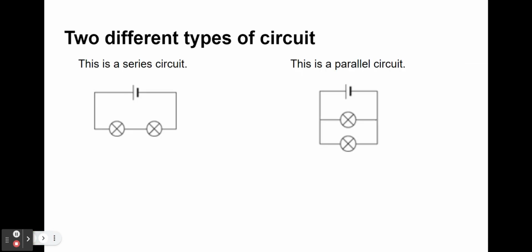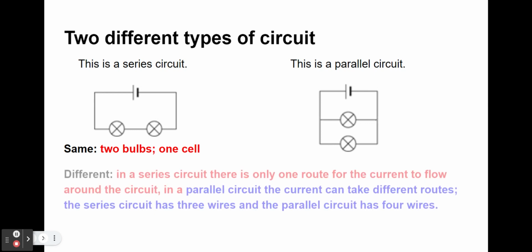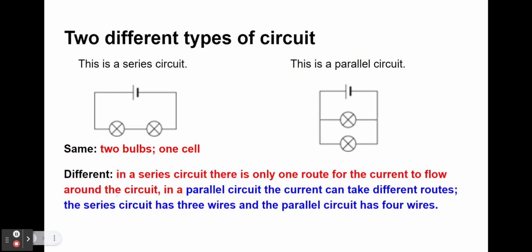So the two types of circuits that we're interested in, series circuits and parallel circuits. I think it would be useful if you were to draw those two circuits and write the names of them in your books or on paper. So the things that are the same, two cells. But the key difference is that in a series circuit, there's only one route for the current to flow, but in a parallel circuit, the current can take different routes.